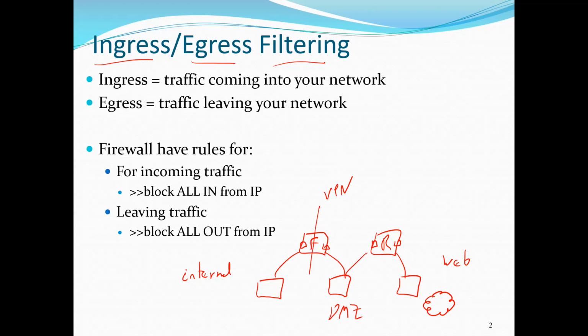As we look at the terms ingress and egress, in terms of this network, ingress is traffic coming into your network, so traffic going in that direction. Egress is traffic leaving your network.